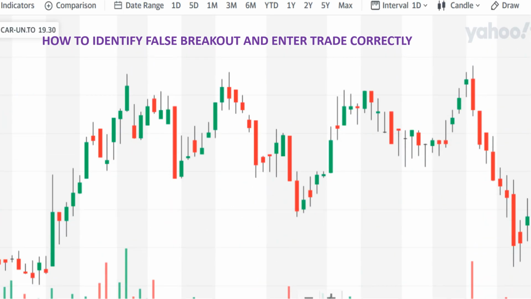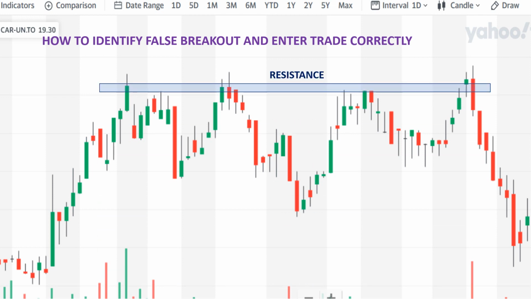How to identify false breakout and enter trade correctly. Let's analyze the CAR stock on a daily chart. We identify a strong resistance level with nearly 5 touches, considering it as an area or zone rather than a simple line. At first swing high, we observe a bullish candle with its upper shadow breaking above the resistance level.